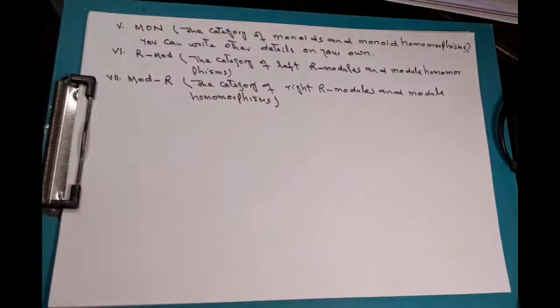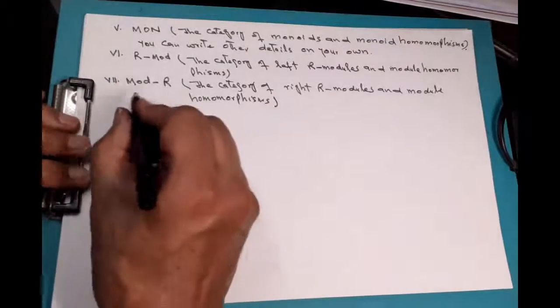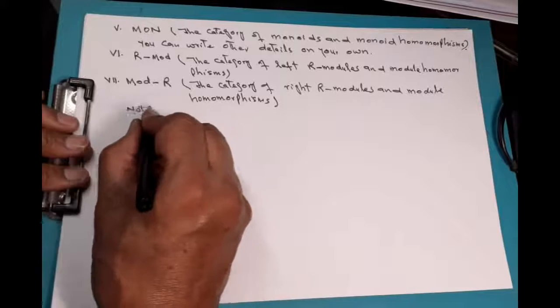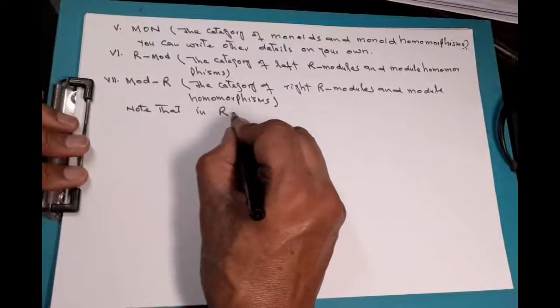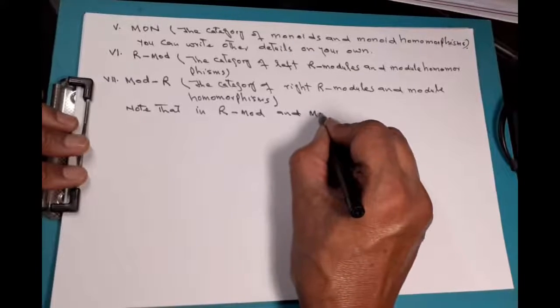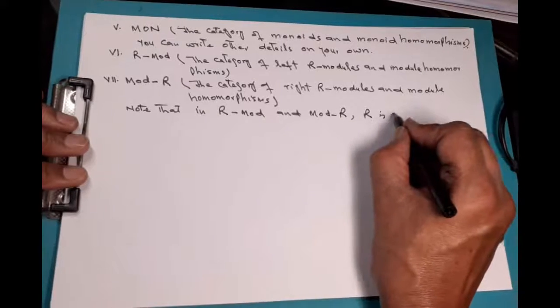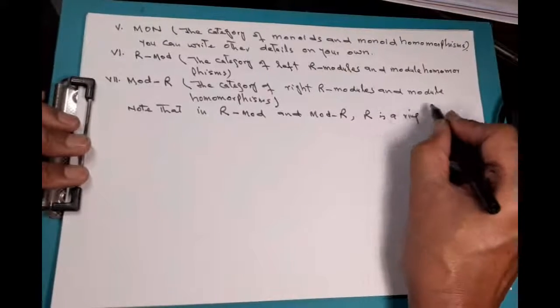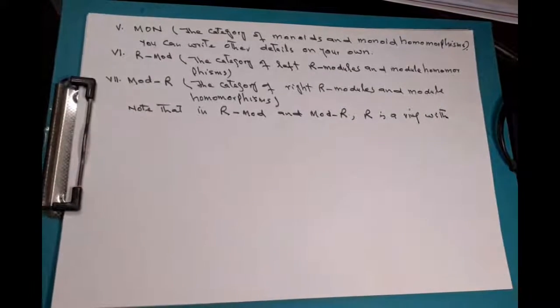Let me just note that in number 6 and number 7, the ring R is a ring with identity. Note that in R-Mod and Mod-R, in these two categories, R is a ring with identity. You know that when we say ring with identity, we mean the ring has a multiplicative identity in it.